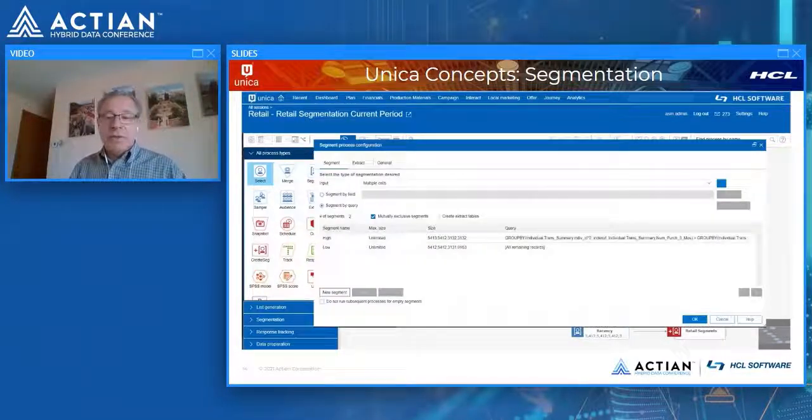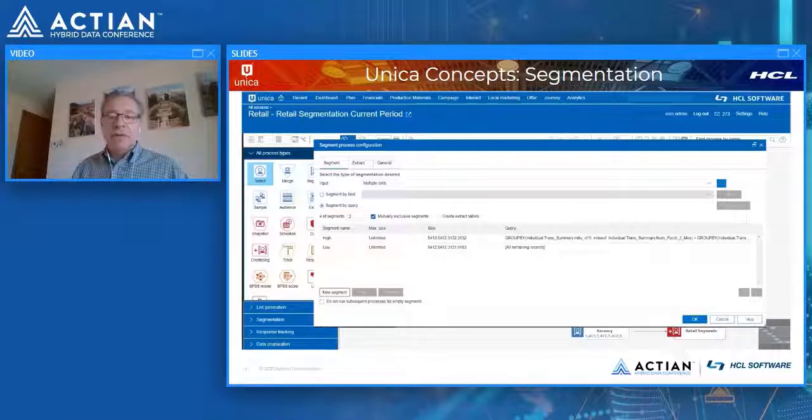Each condition that Unica applies could work on the data that already exists in the database or on data that can be computed on the fly. And computation could be done either on the Unica server or, as would make much more sense, within the database.